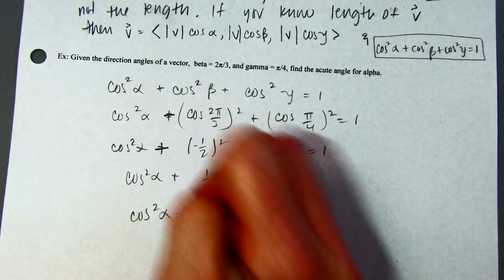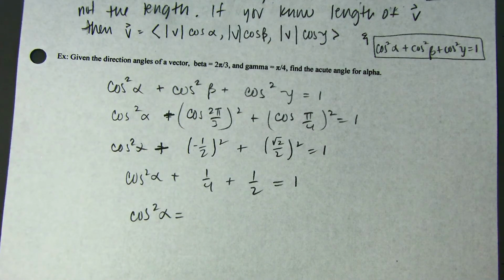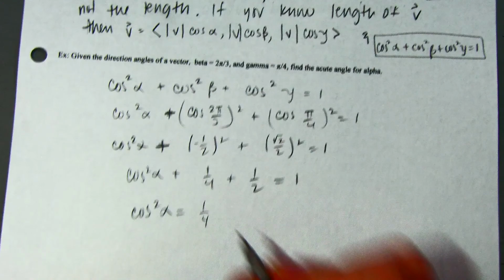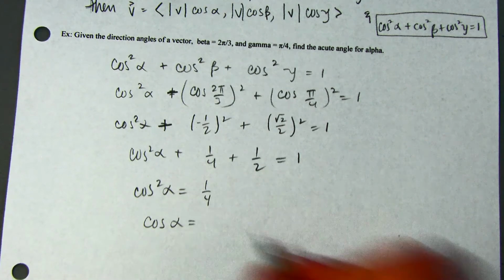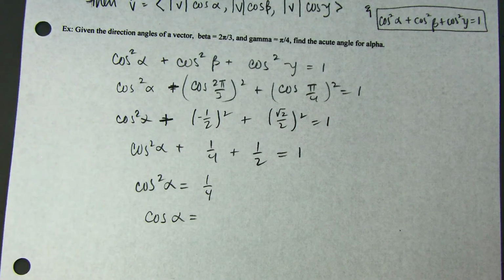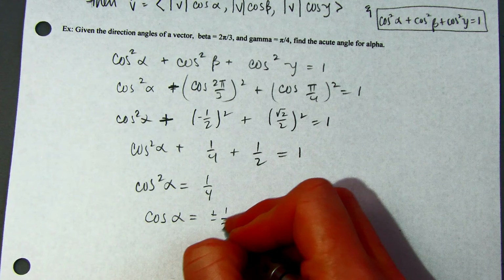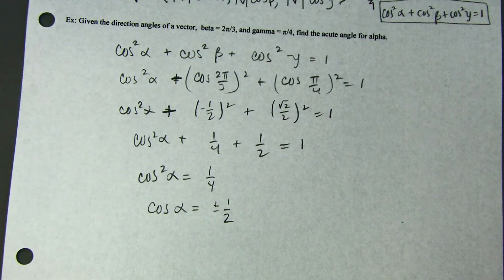Move everything to one side. And what do you get? 1/4. Square root that. Take the inverse.